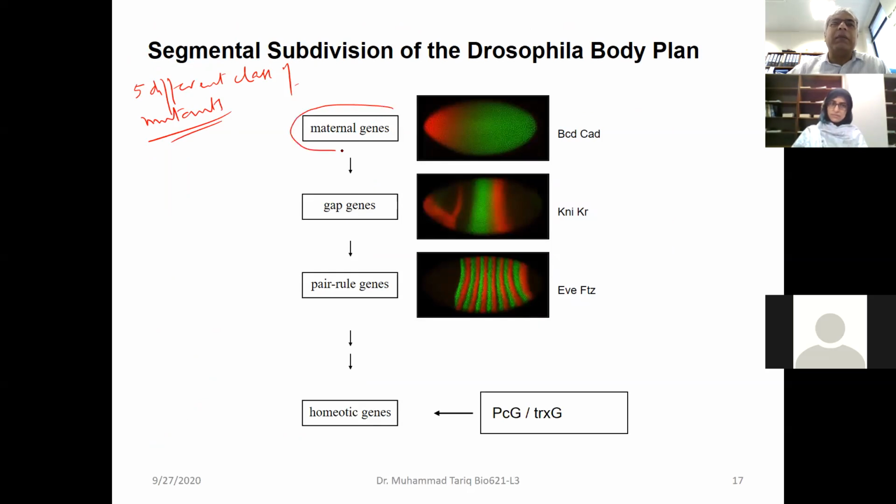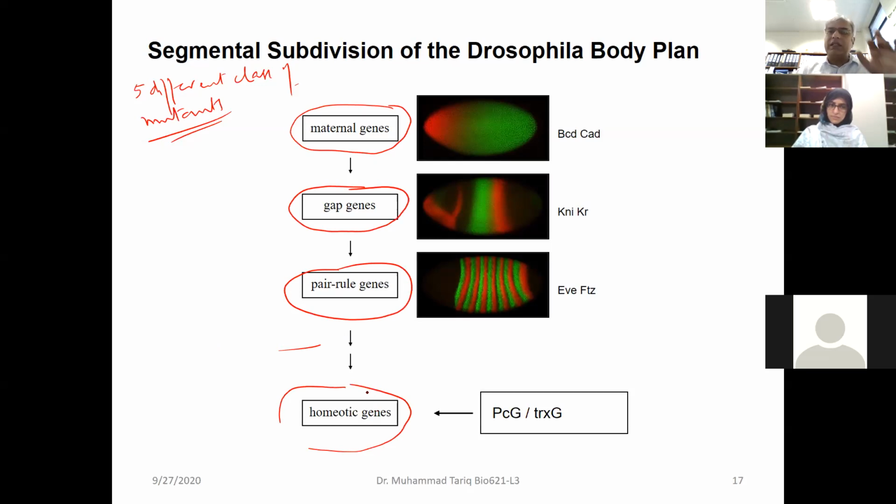They named maternal group genes, then the gap gene mutants, pair rule gene mutants, segmentation genes, one is missing here, and then homeotic genes.